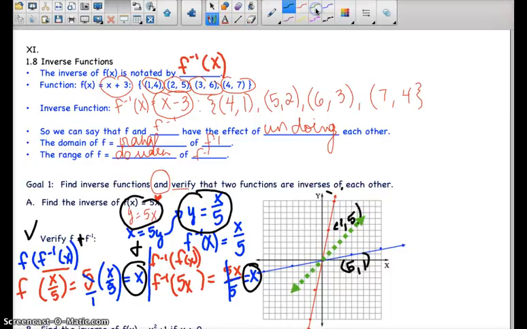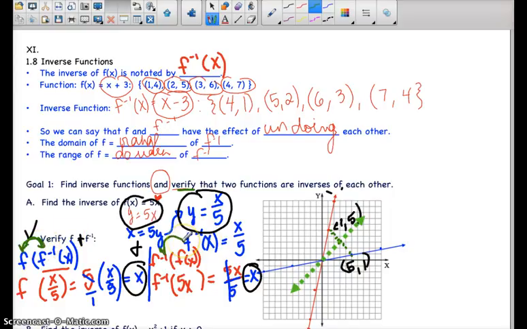And how can we confirm that it's symmetrical across the line y equals x? These points are equidistant from that line, and that shows it. So there are two things you need to gain from this. To verify that two functions are inverses, you should be able to plug the function into the inverse and the inverse into the function.